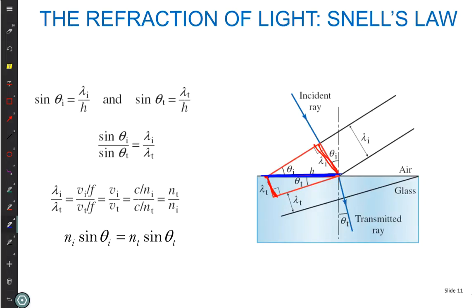So all the geometry is actually written out on this page. It's saying that the ratio of the sines of the angles is wavelength over this distance here that's in blue.